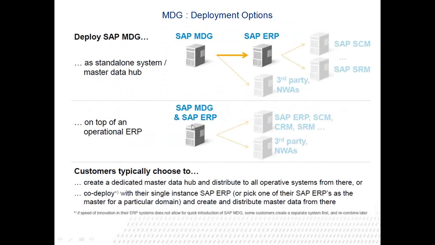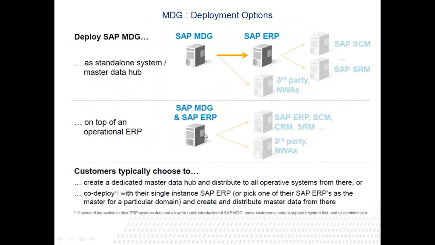If you are installing your MDG on top of the existing ERP, we call it co-deployment. If it is on a separate box, I would say hub model. So why do we need these two different models? There are business requirements. For example, I have a big business and I do many transactions.